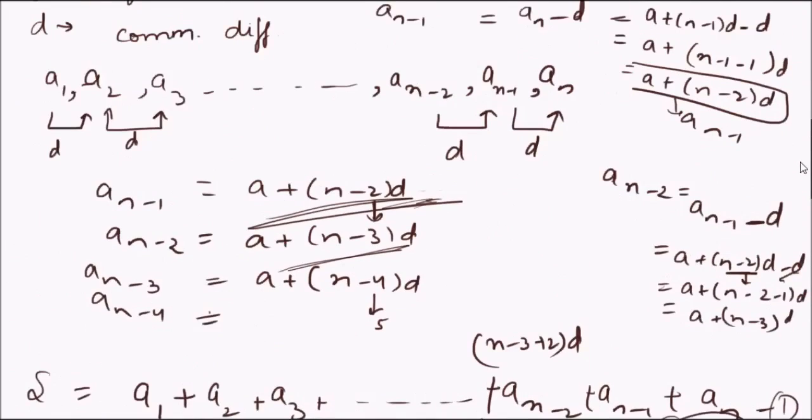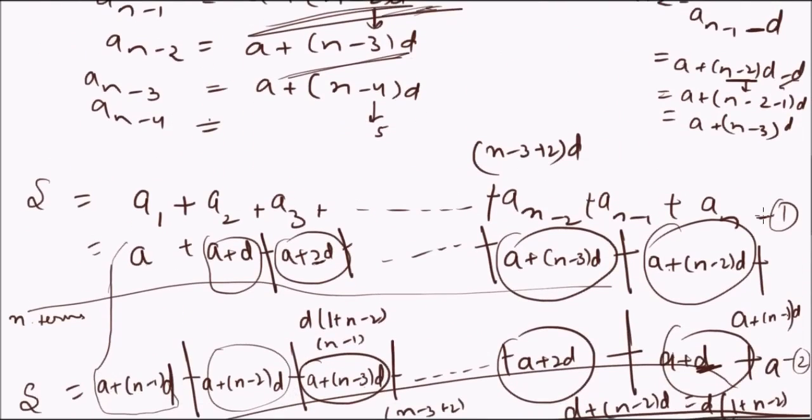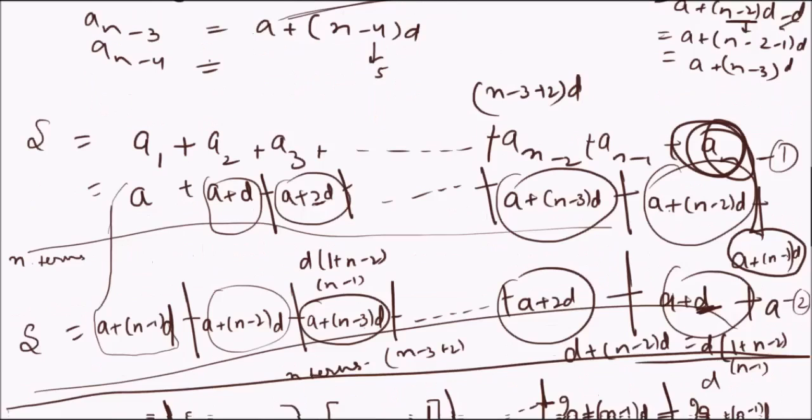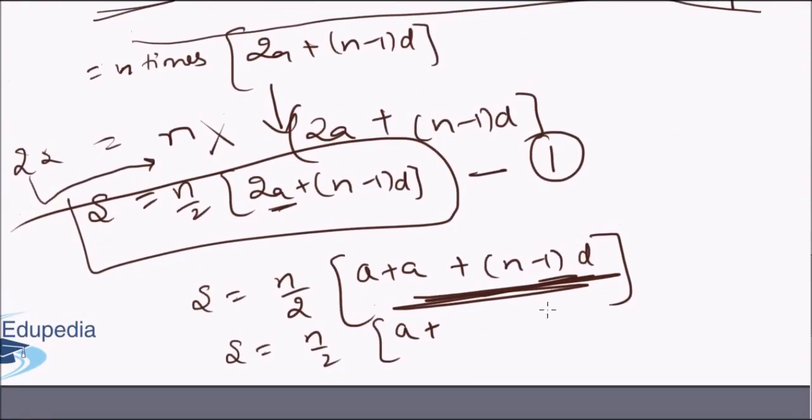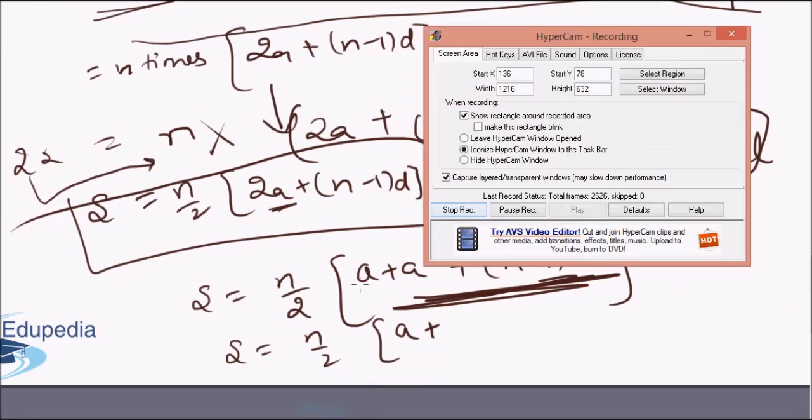Friends, if we look here in this series, this A plus N minus 1 into D was the last term of the given series. Thus A plus N minus 1 into D can be represented by a symbol L, which is the last term of the given series.